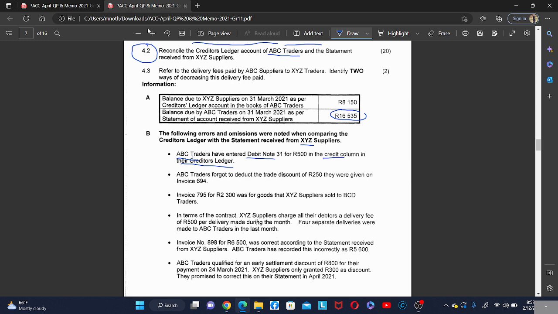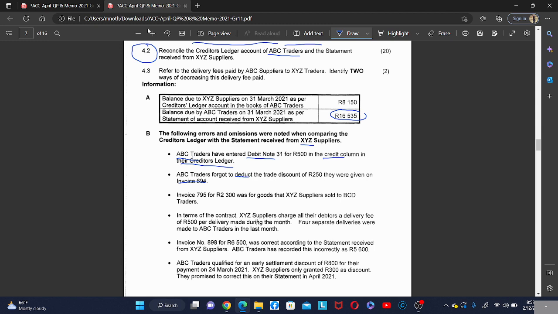ABC traders forgot to deduct the trade discount of 250 they were given on invoice 694. So we were given a trade discount, and we forgot to deduct it.